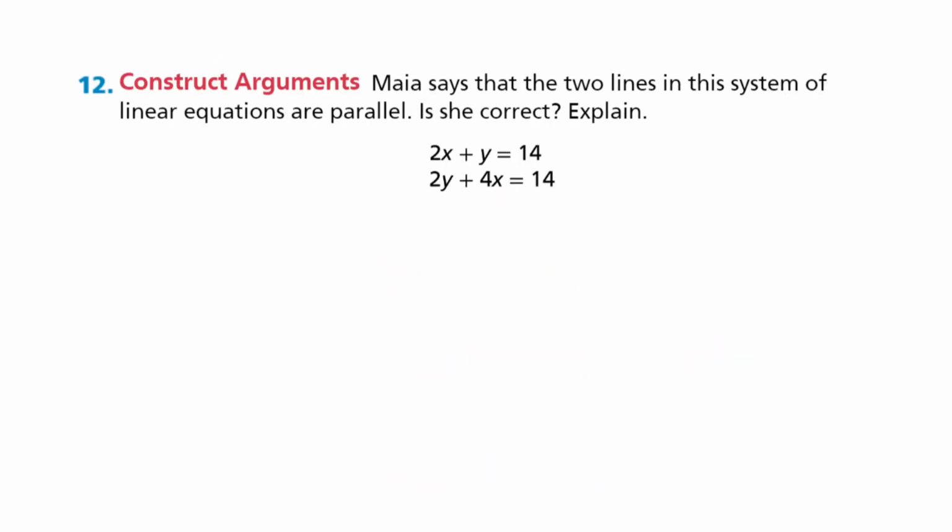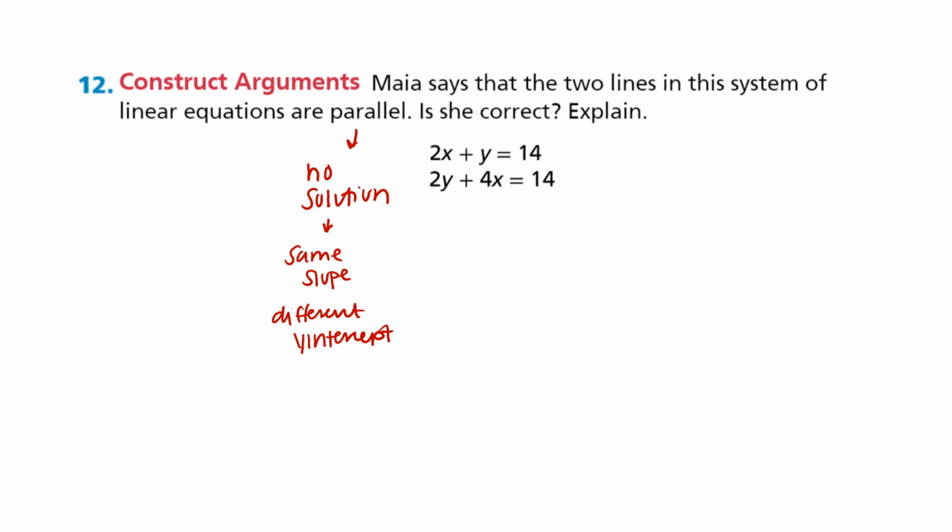Number 12. Maya says that the two lines in this system of linear equations are parallel. Is she correct? If she is saying they are parallel, that means that she is saying that they have no solution, meaning they would have the same slope and different y-intercepts.